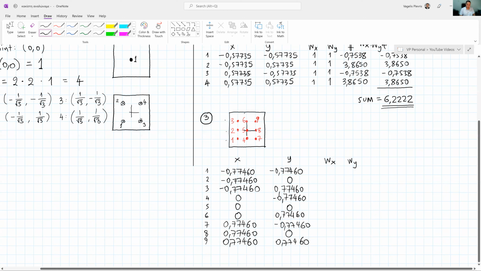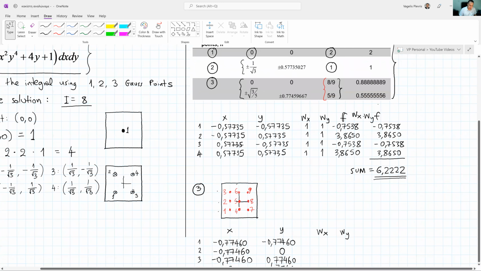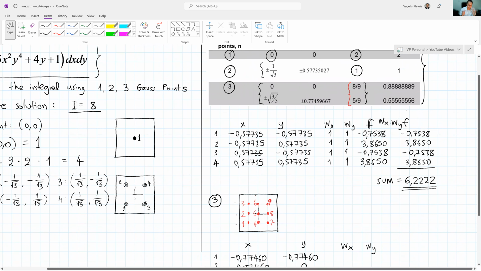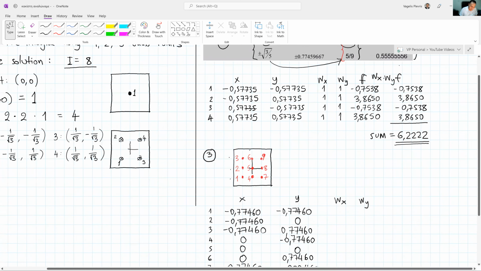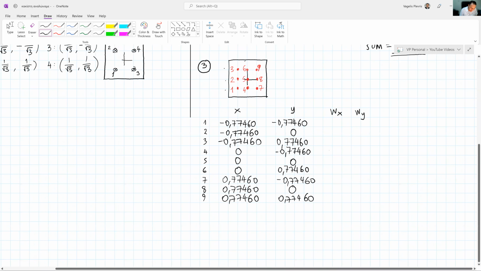I have my x and my y values, and now I need the wx and wy values, which are the weights that I will use. So if you go here, you will see that the middle point uses 8/9, as you see here. And the other points use 5/9. So I will combine these two. Wherever I have 0, it is 8/9 for x.